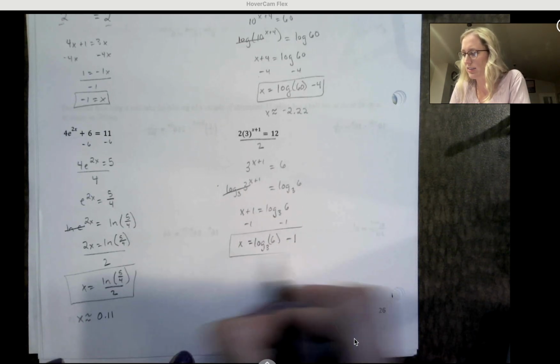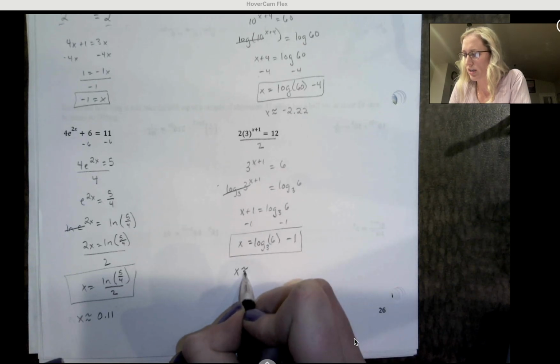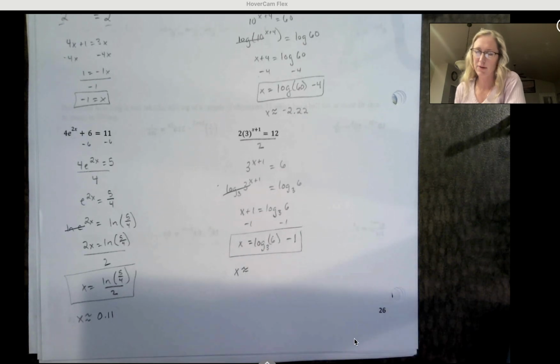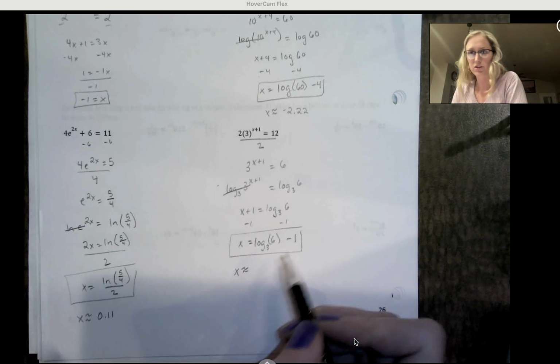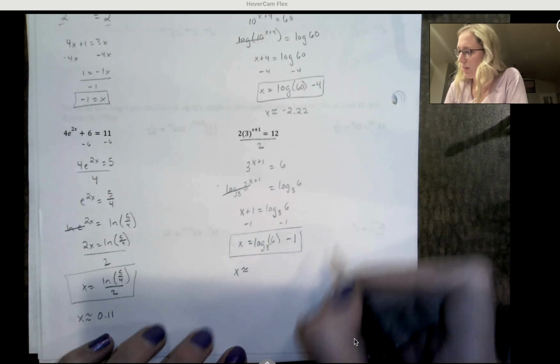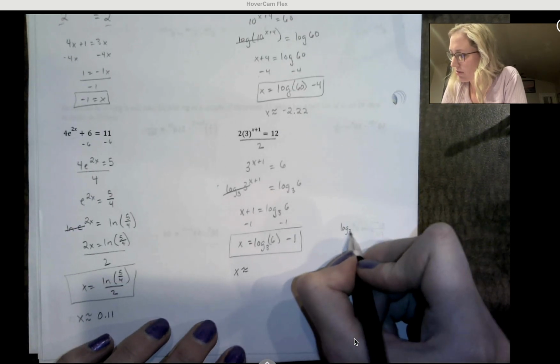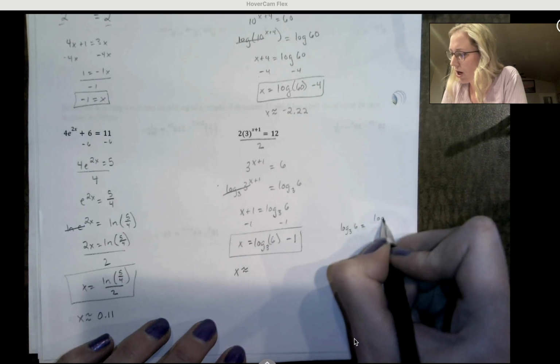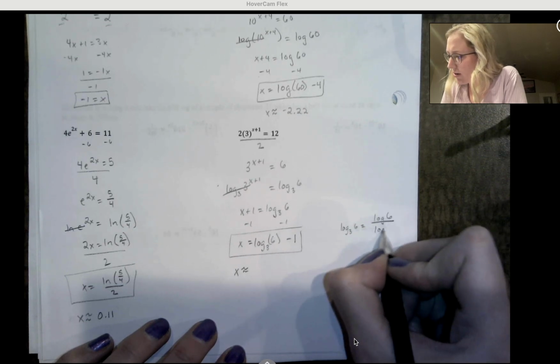So exact answer, approximation. Okay, so log base 3, again, on my calculator I don't have that log base on this model. So if you have it, you can just type in log base 3 of 6. If you don't, we can do what we did up in that previous example. I'm just going to choose the common log and enter that.